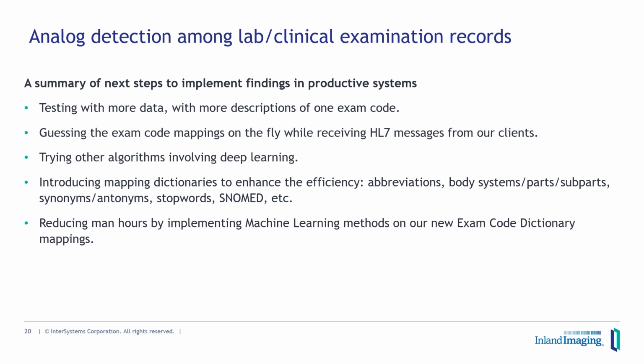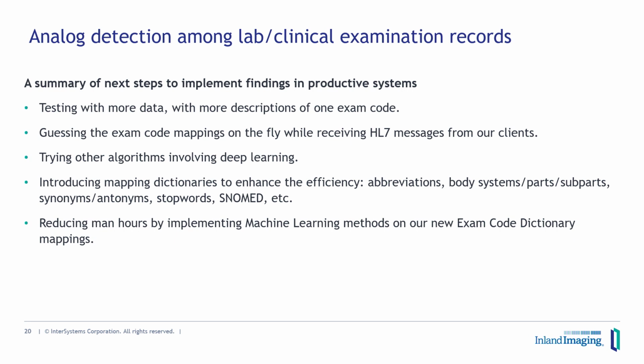Guessing the exam code mappings on the fly is really one of the things we want to do. So when the HL7 message comes in, we want to be able to guess what the new exam code maps to in the gold standard, so that our ED, ER exams can be better sent to the right subspecialist.